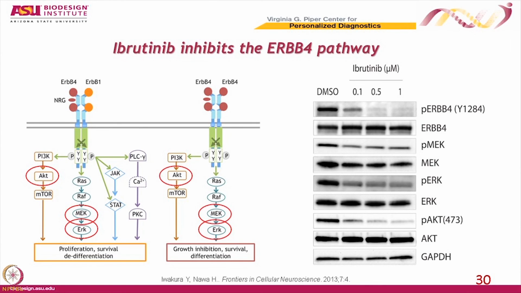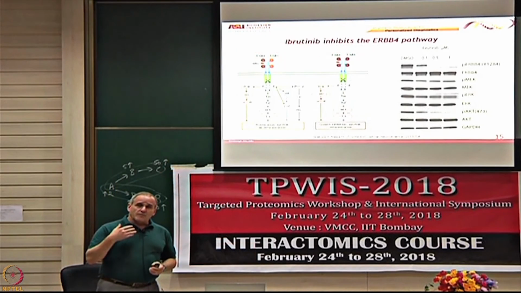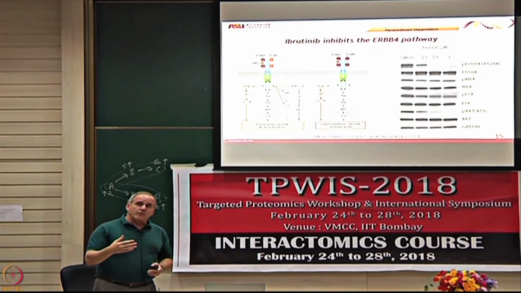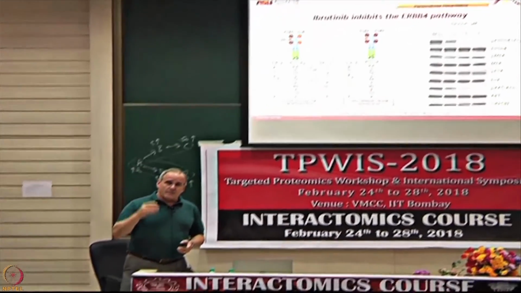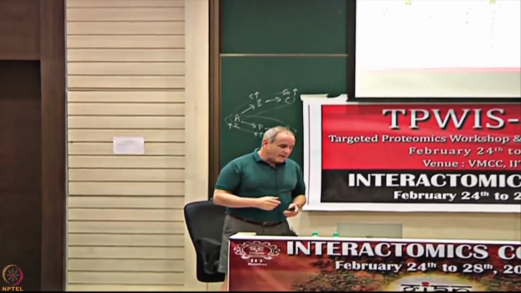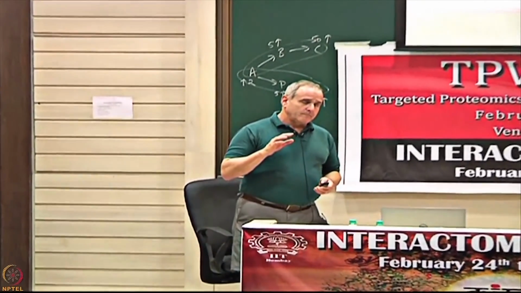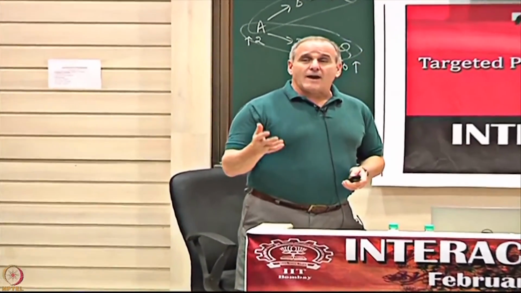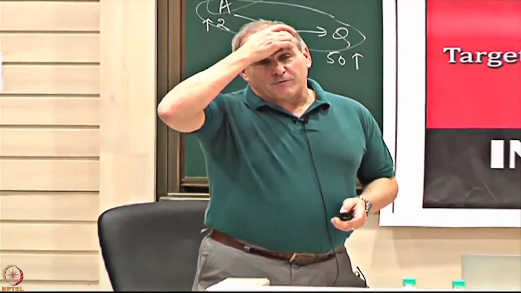So the protein is still there, it's just not as phosphorylated. Same is true of ERK, same is true of MEK. Although this is a little bit bigger than that, I think. But you get the idea, right? So when we treat with Ibrutinib, it inhibits the downstream pathway of ERBB4.